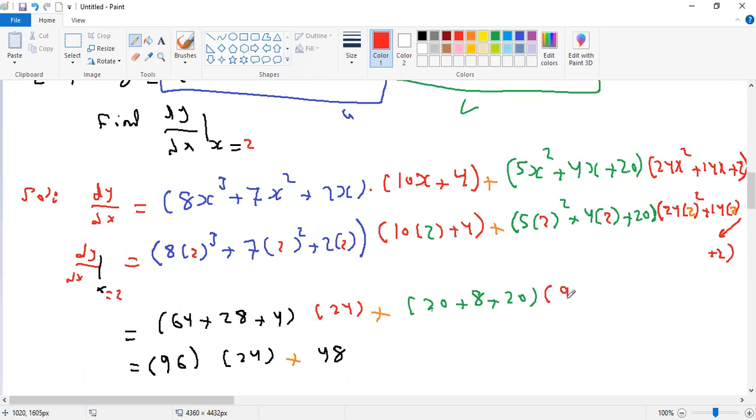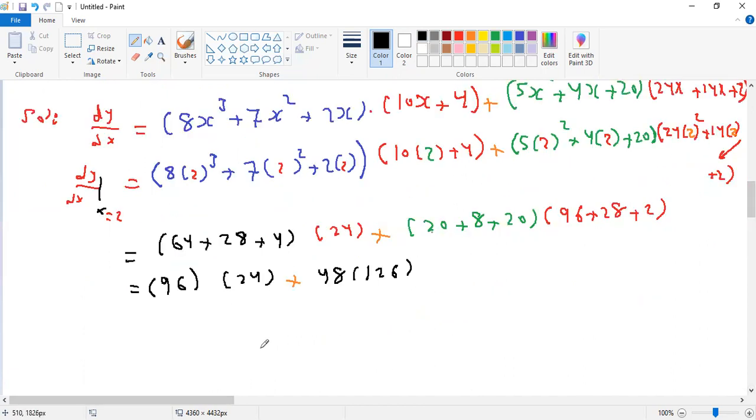Then 4 by 7 is 28, plus 28, and plus 2. So the second one is 96 and 28 and 2, 126. So multiply by 126. Now, the last calculation.